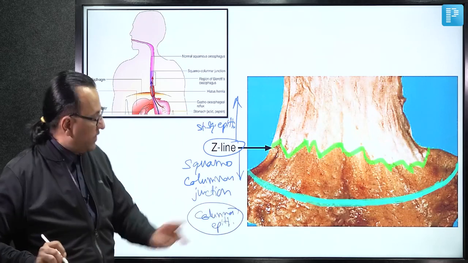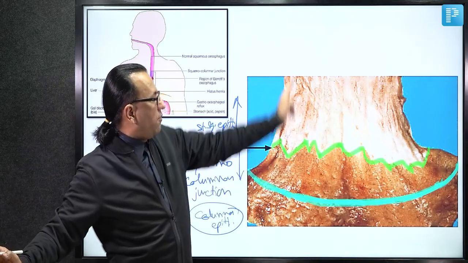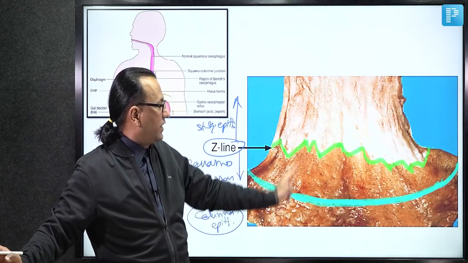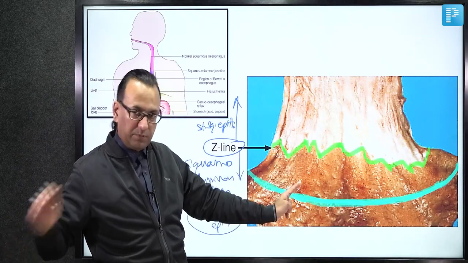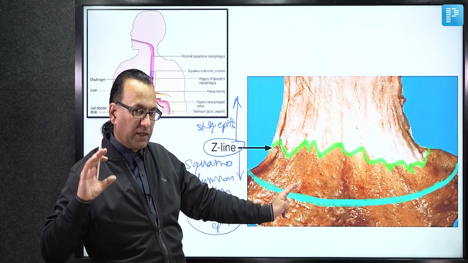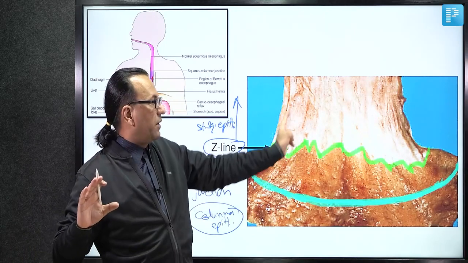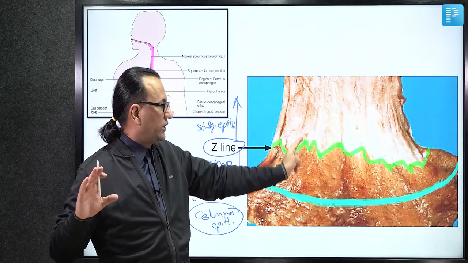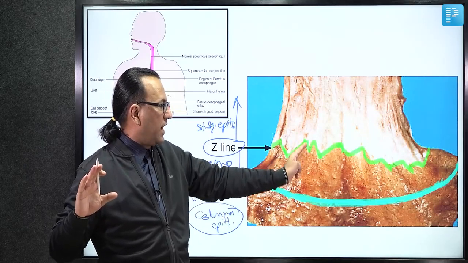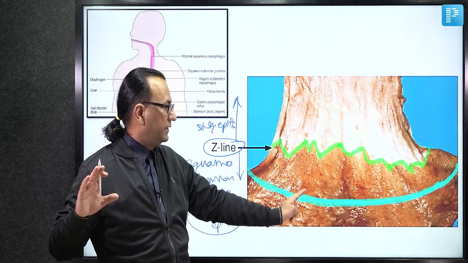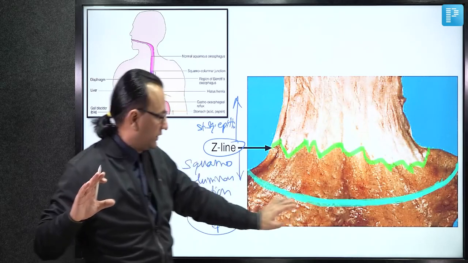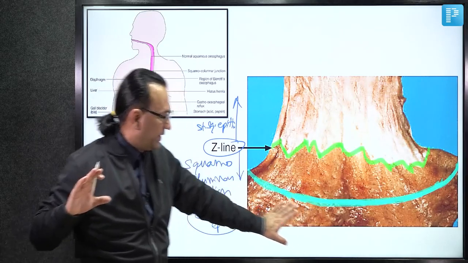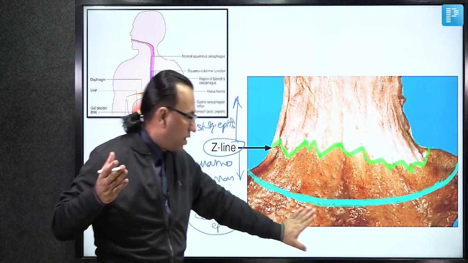So that is why we are telling that this is squamo-columnar junction. And this area where you have this pinkish mucosa, pinkish is representing the columnar epithelium, whitish represents the stratified squamous epithelium. So squamo-columnar junction is at the lower end of esophagus, and this distance is normally 2 centimeter. What you see below this is the stomach epithelium, which is obviously columnar epithelium.